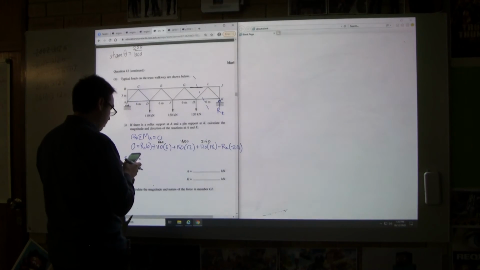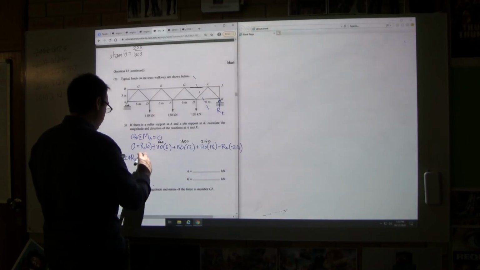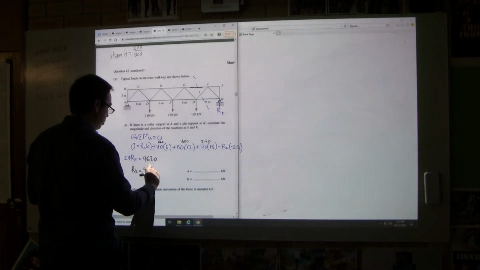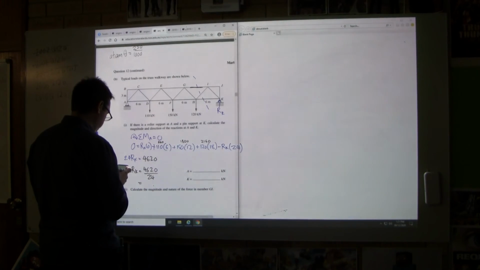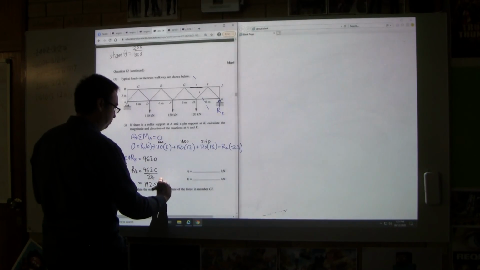Okay, add all that up, equals 4620. So RK equals 4620 divided by 24 equals 192.5 kilonewtons up.